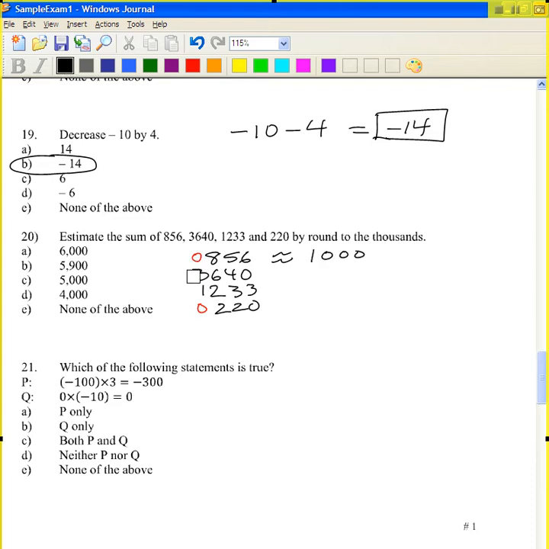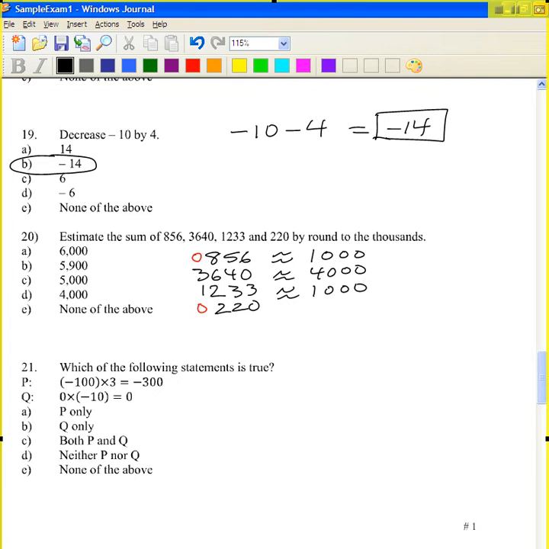If I'm rounding to the nearest thousand, the digit immediately to its right is a 6, which is greater than or equal to 5. So I'll add 1 to the 3 to get 4. For the 1, the digit immediately to its right is 2, which is less than 5, and so I just truncate. I get 1,000.